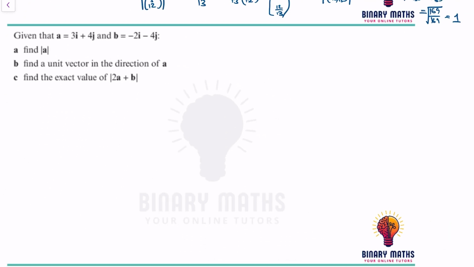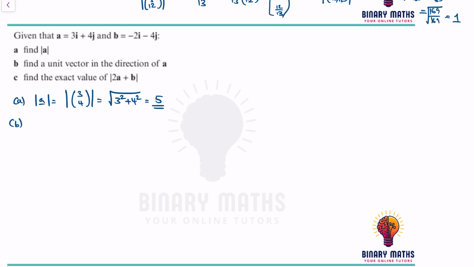Given that A is equal to 3i plus 4j, and B is equal to minus 2i minus 4j, first find the magnitude of A. So the magnitude of A is equal to the magnitude of (3, 4), which is equal to the square root of 3 squared plus 4 squared, which is equal to 5.